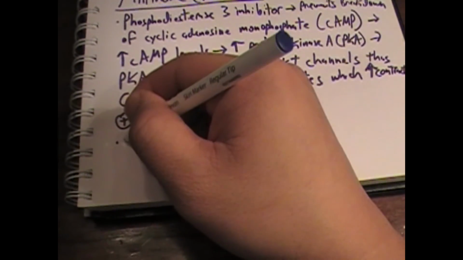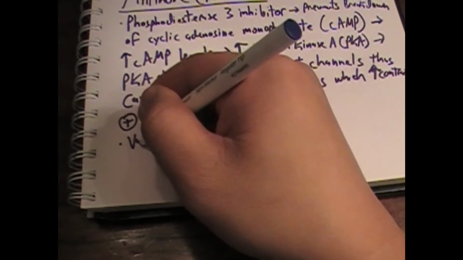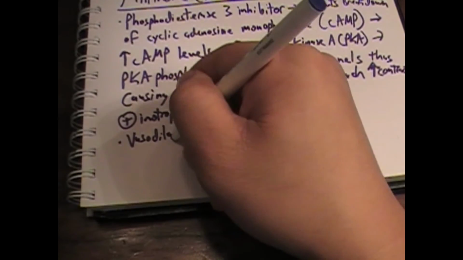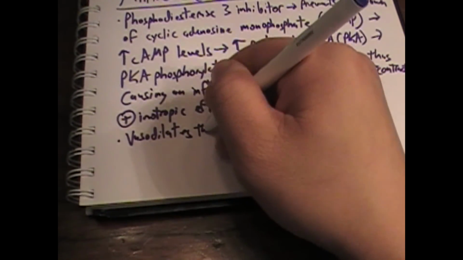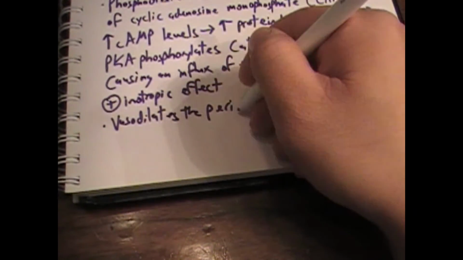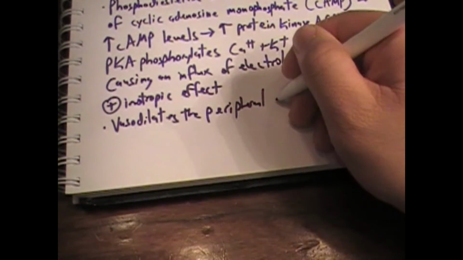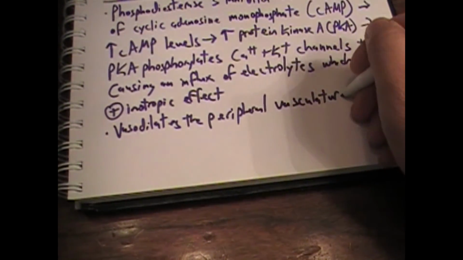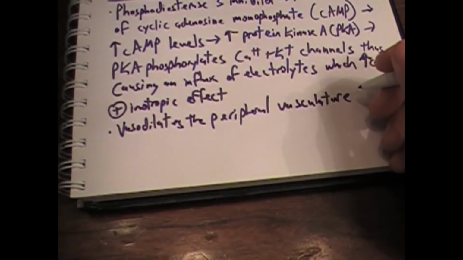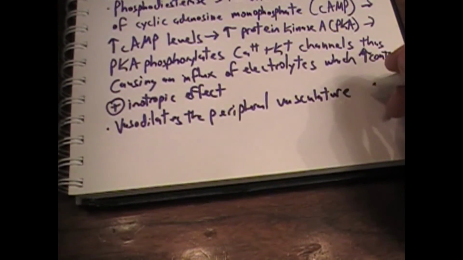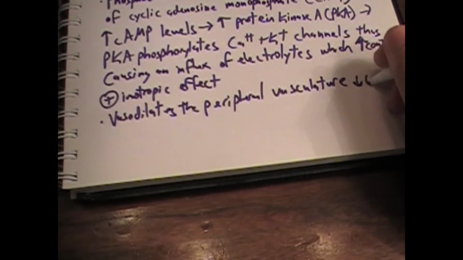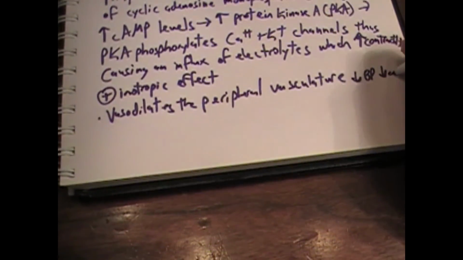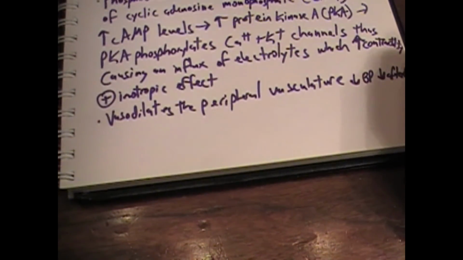Now, milrinone also vasodilates the peripheral vasculature, decreasing the BP and also decreasing afterload.